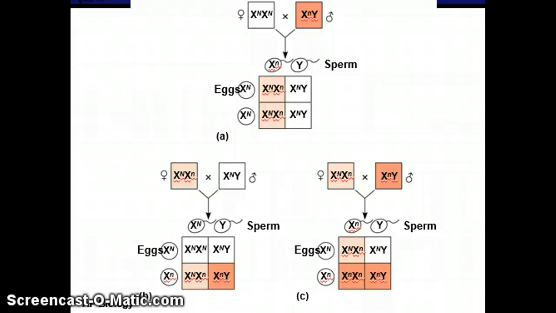So this is showing again how we have the production of our different gametes that are just simply sex-linked. So this is how we would follow the transmission of an X-linked recessive trait, for example.